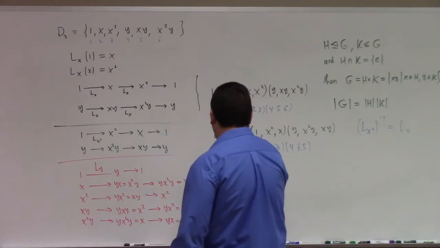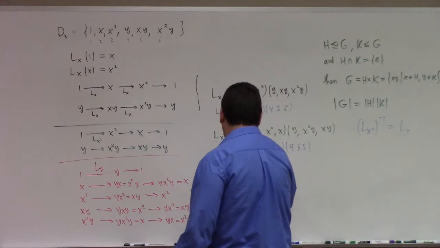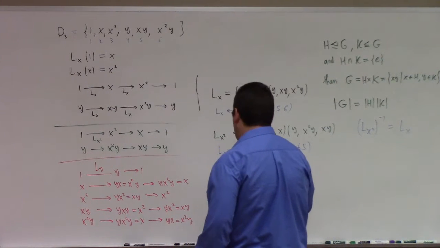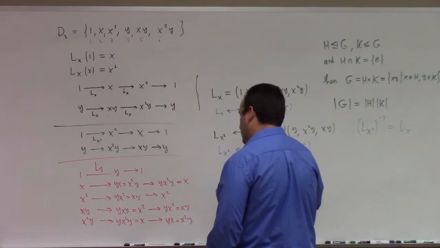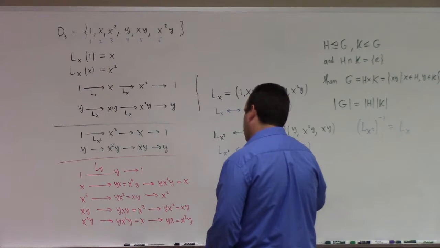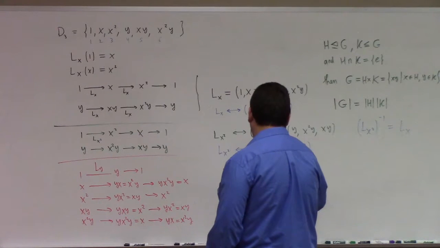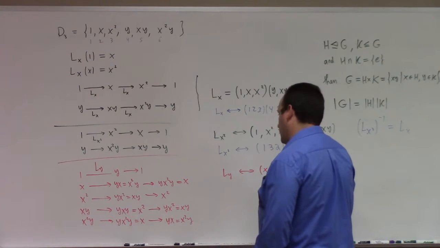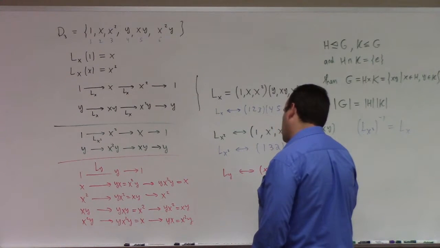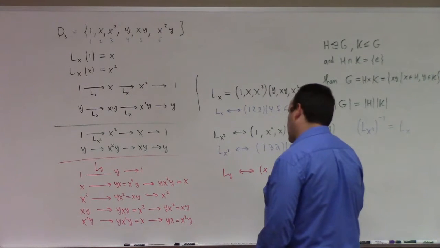So basically, Ly, in the abstract notation, sends x to x squared y and then back again, and then it sends x squared to xy and then back again.